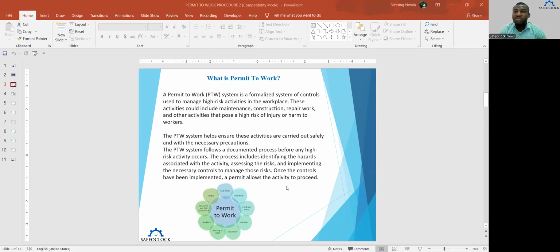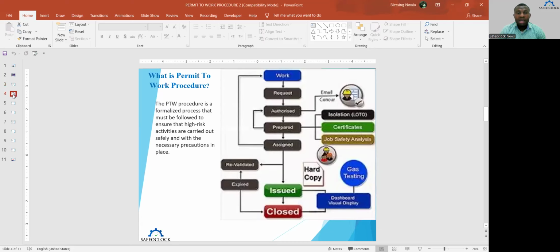And this will help to ensure that permit to work is effective and is producing the desired result. So what is the procedure?